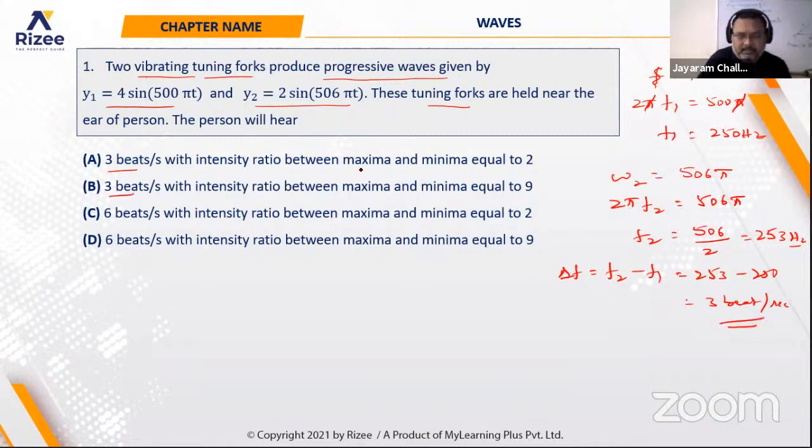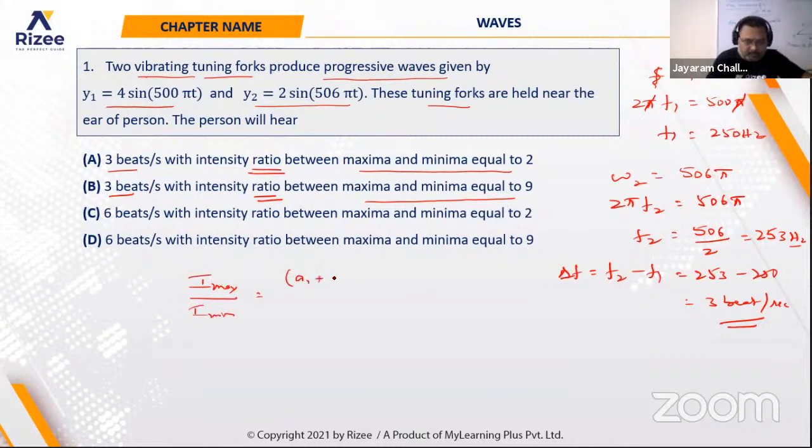He is also asking for the ratio of the maximum to minimum intensity. How can you find the ratio of the maximum intensity and the minimum intensity? The formula: I maximum by I minimum is equal to (A1 plus A2) whole square by (A1 minus A2) whole square, where A1 and A2 are the amplitudes.